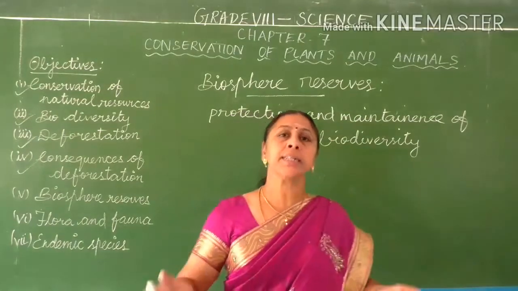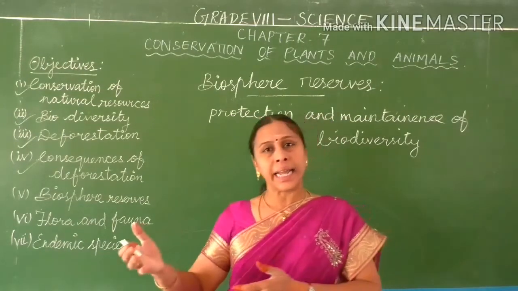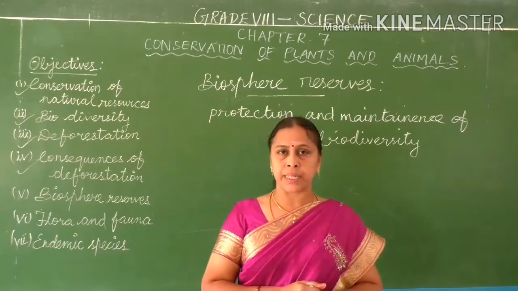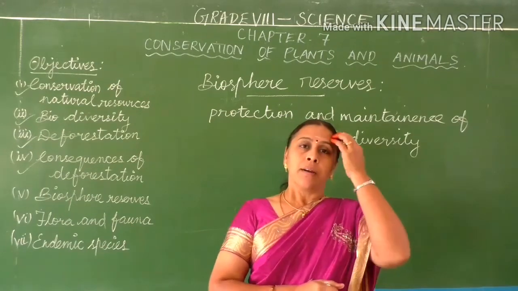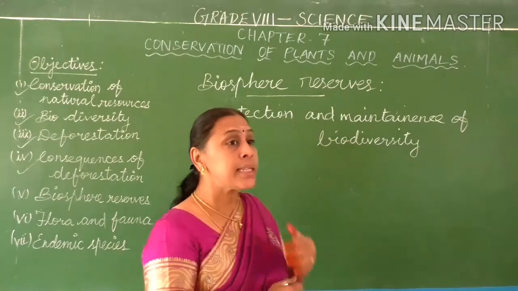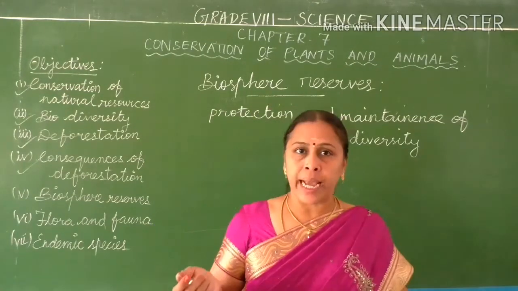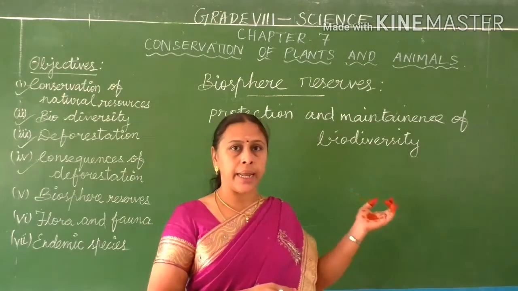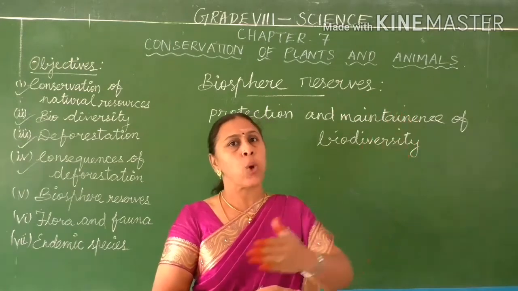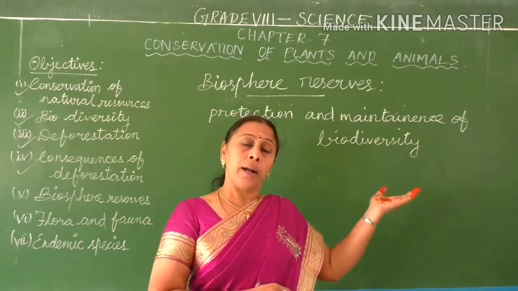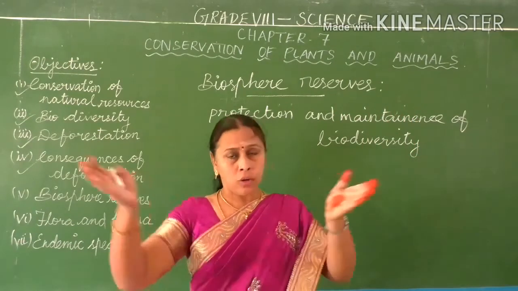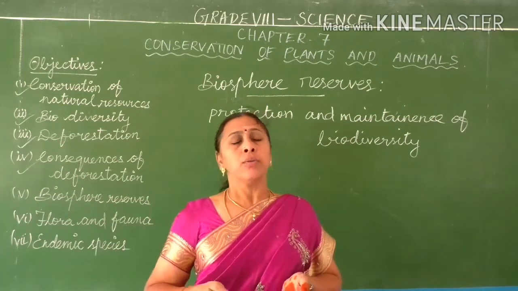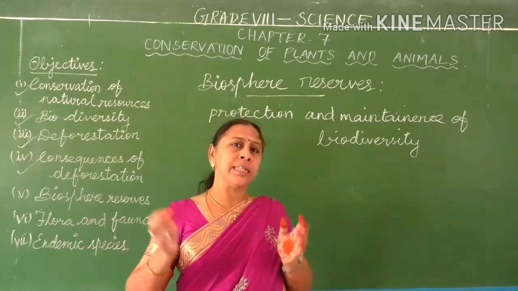A large protected area for various purposes. For example, India has a rich biodiversity, as I said earlier, from tropical rainforest to alpine vegetation, then temperate forest to coastal region. Various biodiversities are there.